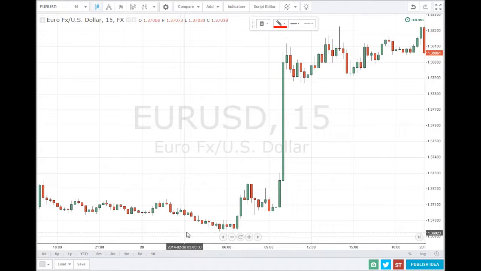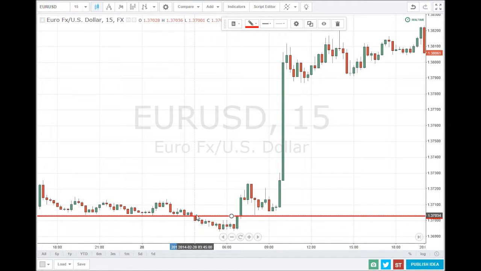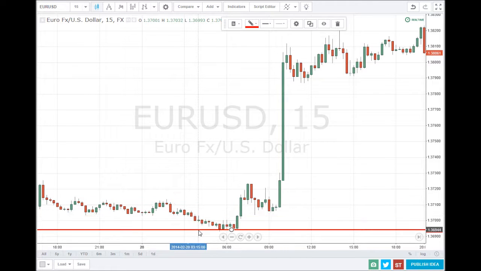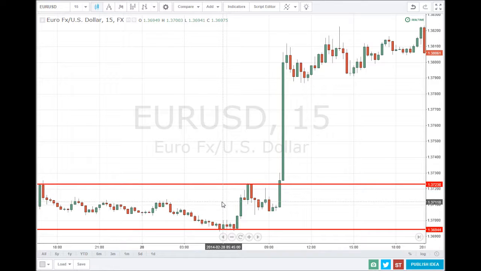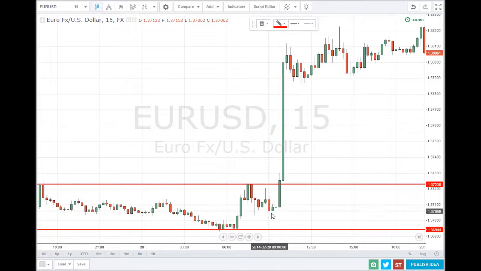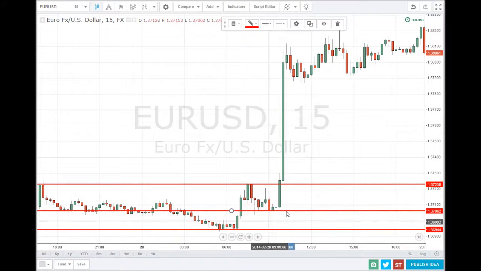We'll mark that area like so. Price goes on the upside, it pushes and it reverses. We have another area to mark. Price comes on the downside and then reverses. Once again, we'll mark that area.